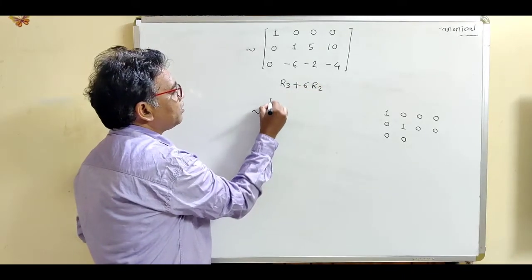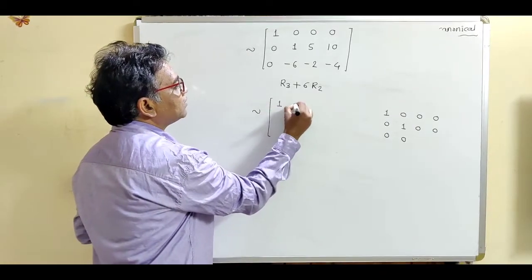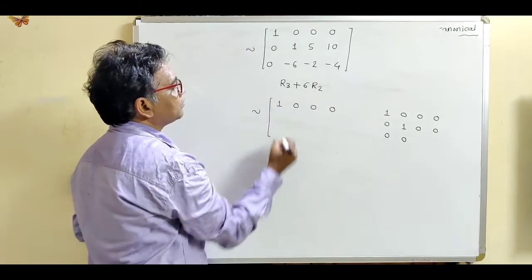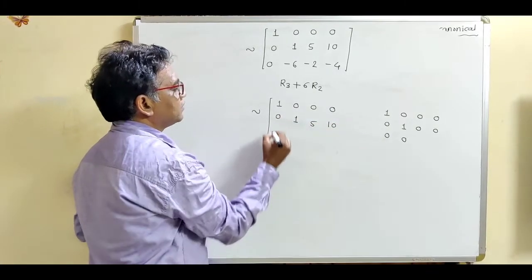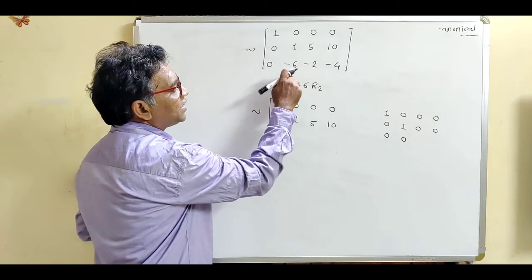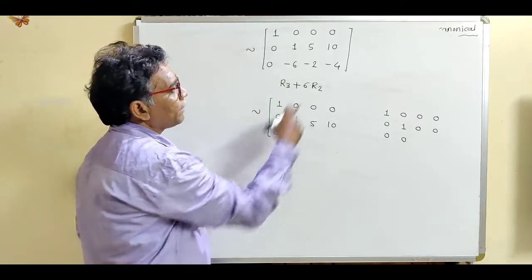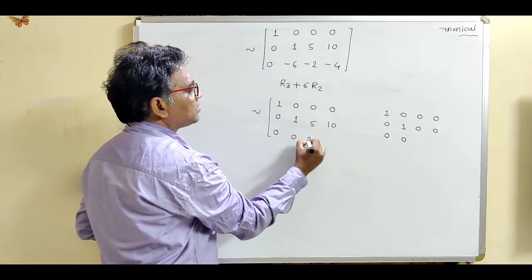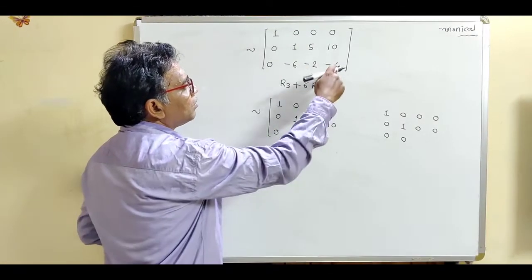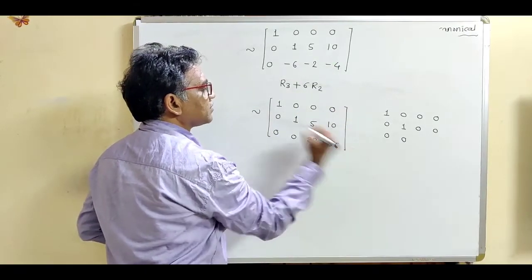So write down this equivalent matrix. 1, 0, 0. 0, 1, 5, 10. 0, minus 6 plus 6, this is 0. Just multiply the second row by 6: minus 2 and plus 30, so this is 28. Minus 4 and 60, so this is 56.